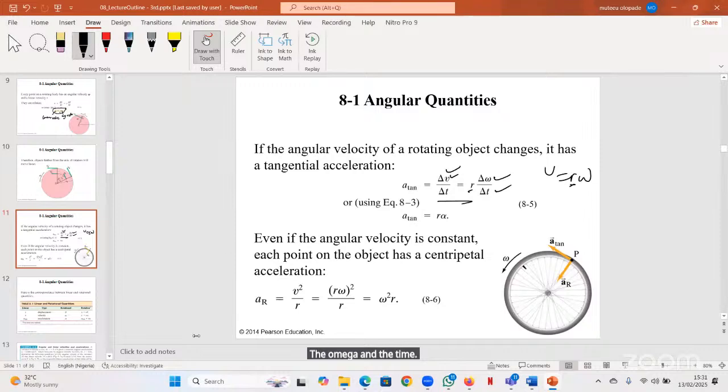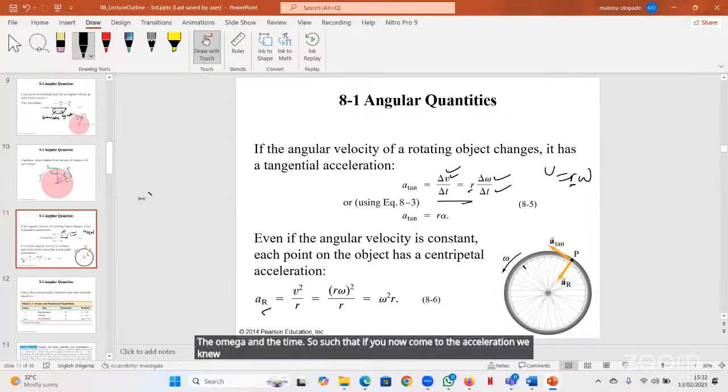So such that if you now come to the acceleration, we knew from the circular motion that acceleration is always V squared divided by what?